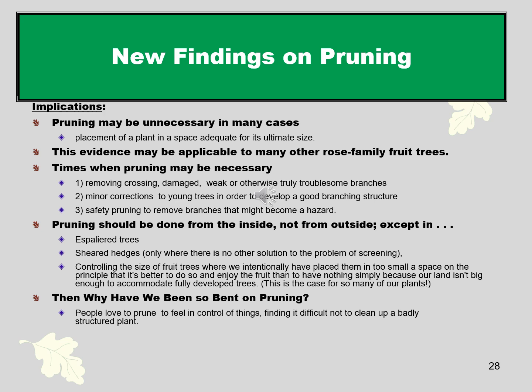Those are types of plants that are chosen for hedges that can handle heavy pruning, and they're fine with that. Of course, controlling the size of fruit trees, where we intentionally have them placed in too small a space on the principle it's better to do so and enjoy the fruit tree than have nothing, simply because our land isn't big enough to accommodate fully developed trees.